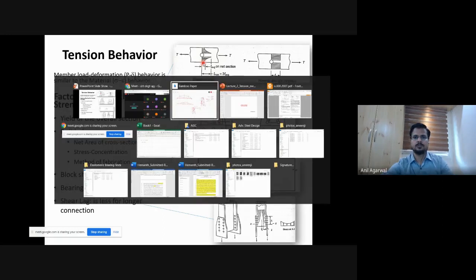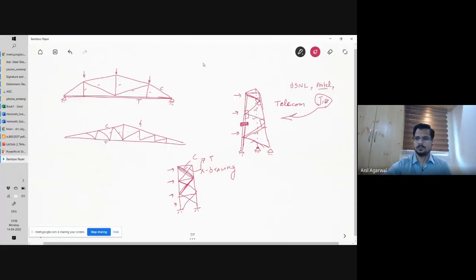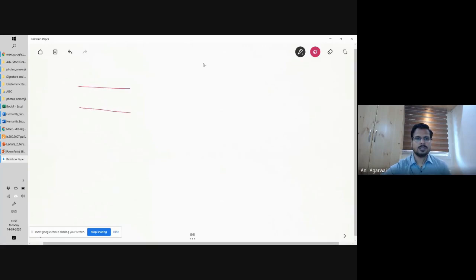A net. So if I have a plate, with width B gross, and I take a cross section here, that cross section will be called AG, gross cross section.